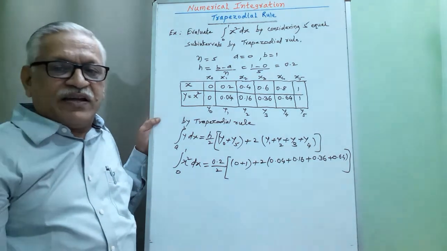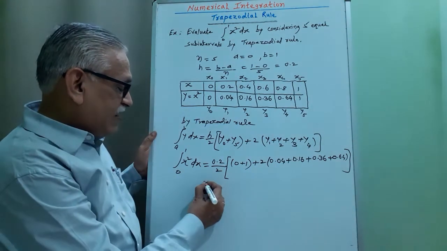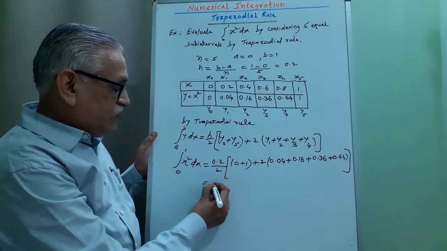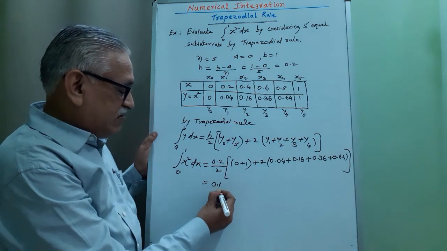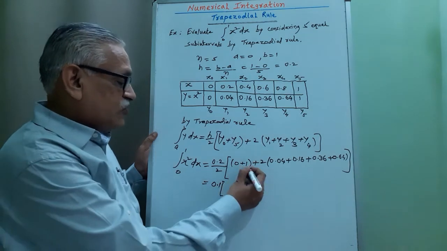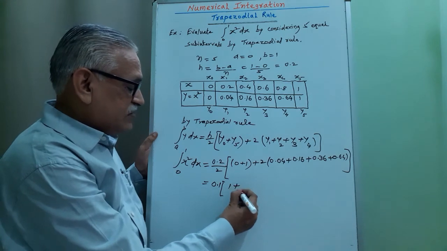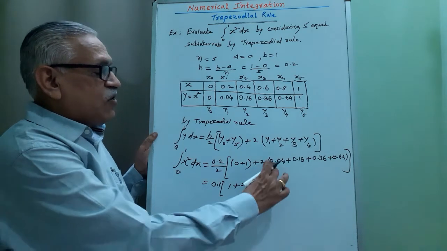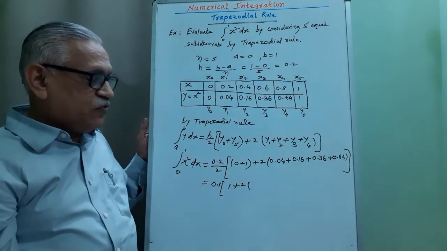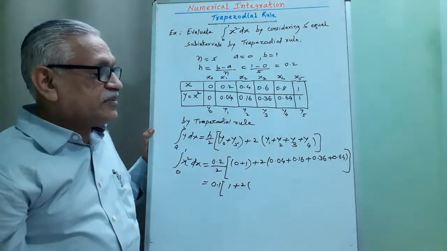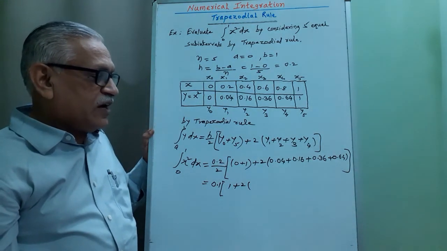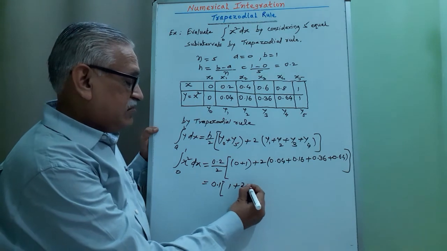And then simplifying it by calculator, we get that value. It is 0.2 divided by 2, we get 0.1. 0 plus 1, we get 1, plus 2 times sum of all these values, 0.04 plus 0.16 plus 0.36 plus 0.64, that value is 2.4.